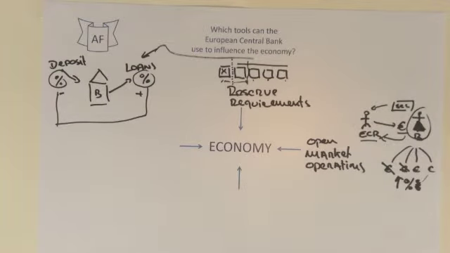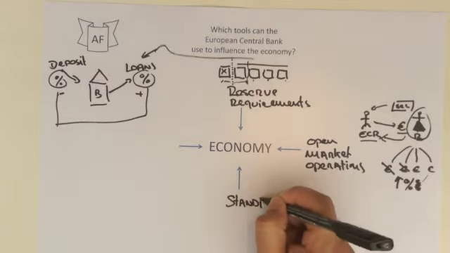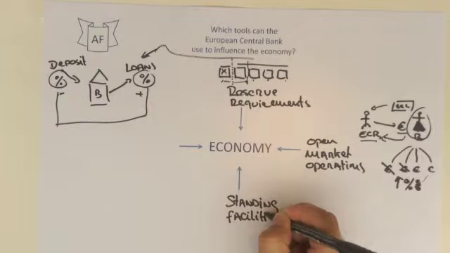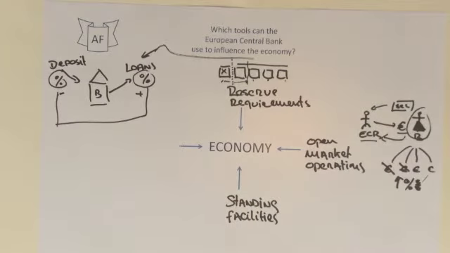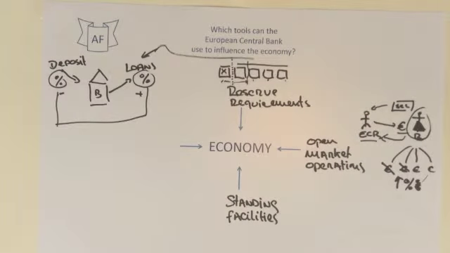The other role that the European Central Bank plays is what's called the standing facilities. And here it's pretty straightforward. So you have banks, which I've explained, they make deposits, they make loans.